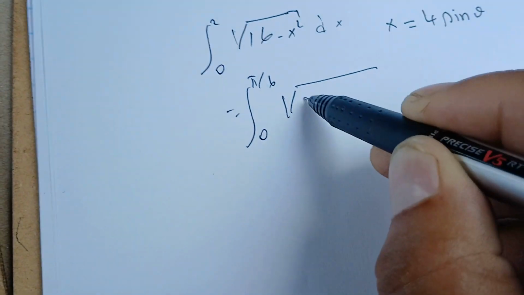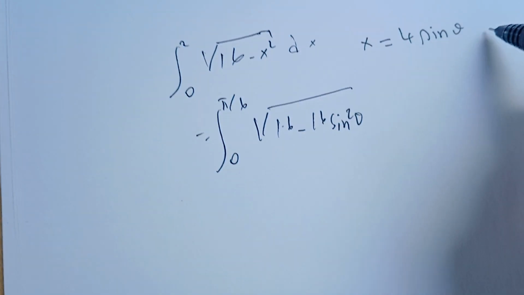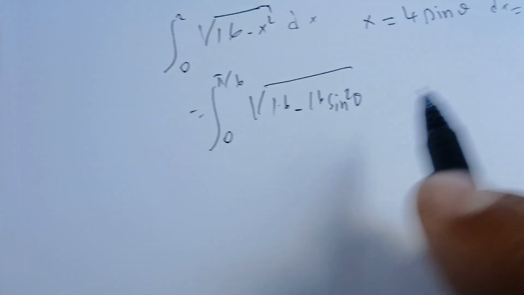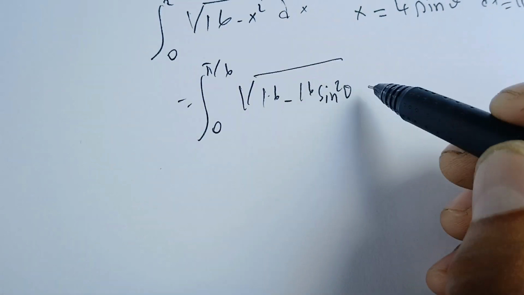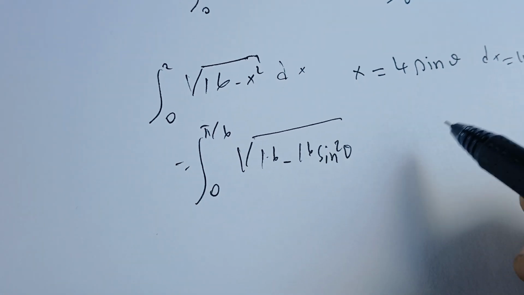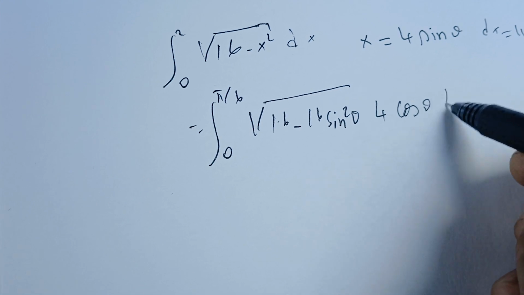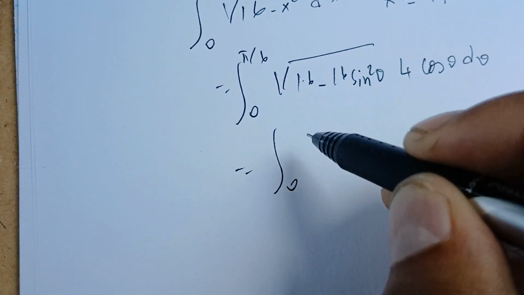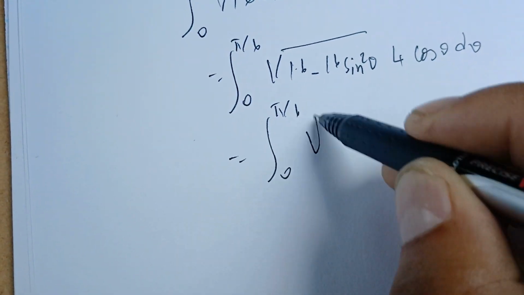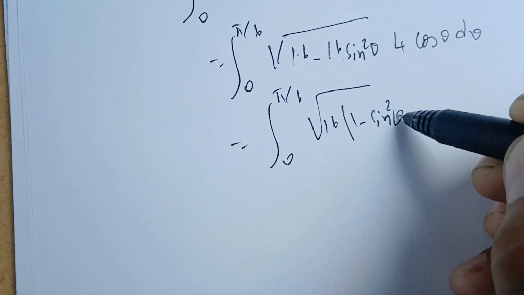And after that, we have 16 minus 16 sine squared of theta. dx is 4 cosine theta d theta. This gives us, after we plug in dx, the integral between 0 and pi over 6 of the square root of 16 times (1 minus sine squared theta), times 4 cosine theta d theta.